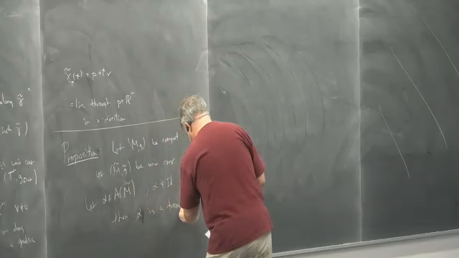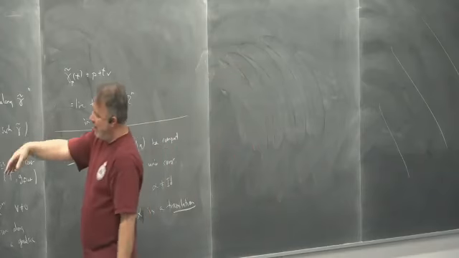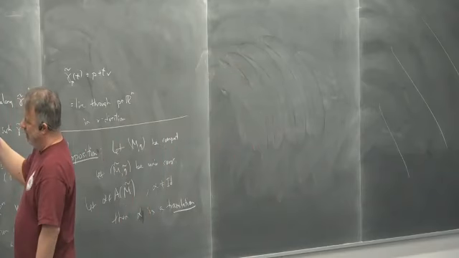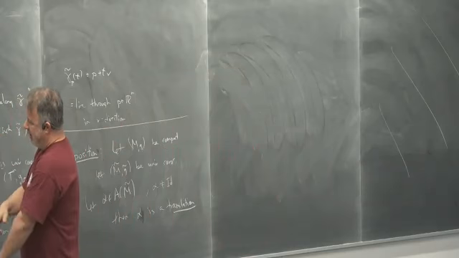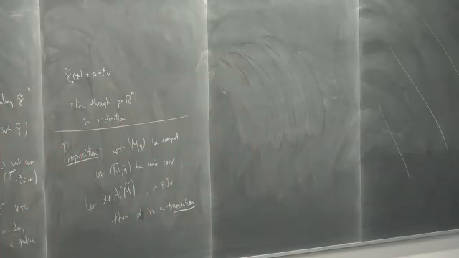Okay, so we already know that every element of the deck transformation group that's not the identity is an isometry with no fixed points. And this definition is about isometries with no fixed points.